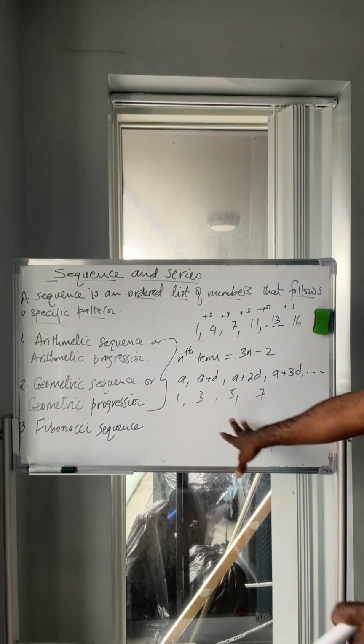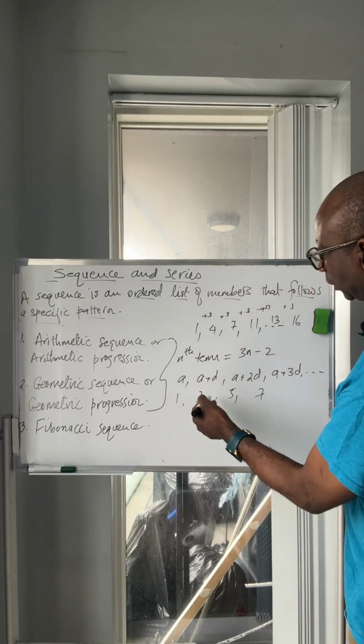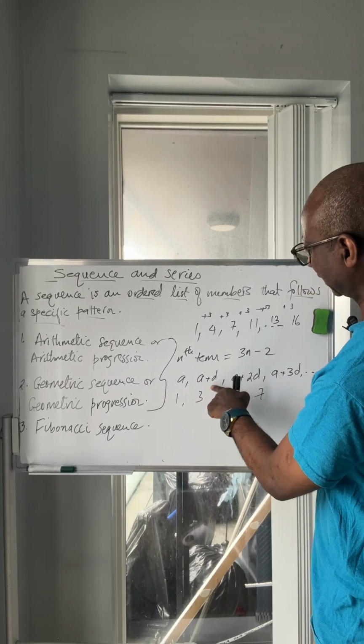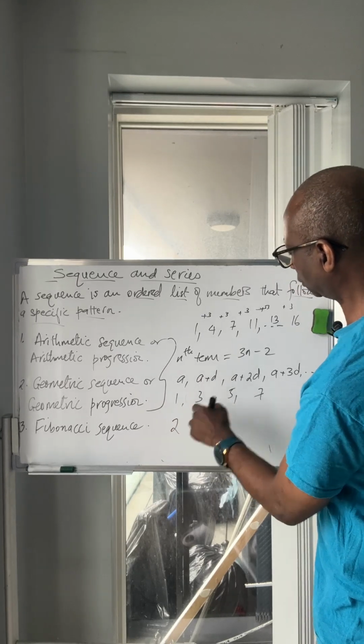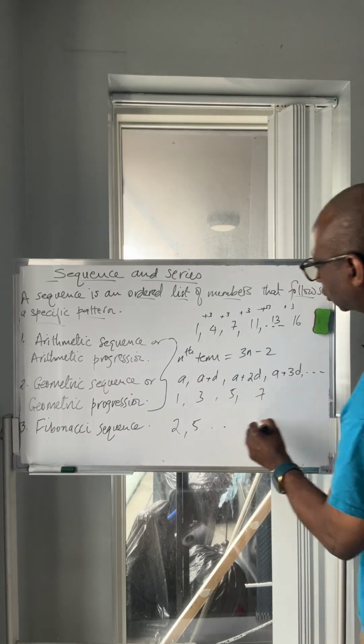We are just assuming, so you get a sequence like this. If we now assume that a is 2 and d is 3, you have here 2, then 5. So you get something like this.